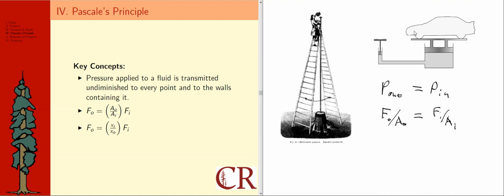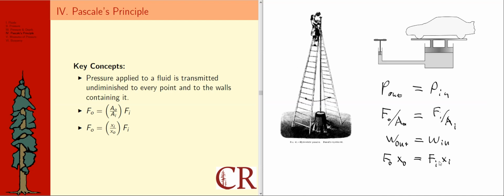You can analyze a system like this in an alternate way as well by saying that the work out, in other words, the work done by the output force is equal to the work done by the input force. And that would look like force out times displacement out, since work is force times displacement, is equal to force in times displacement in.